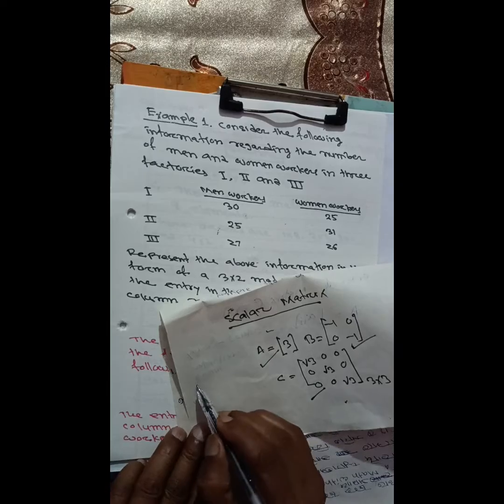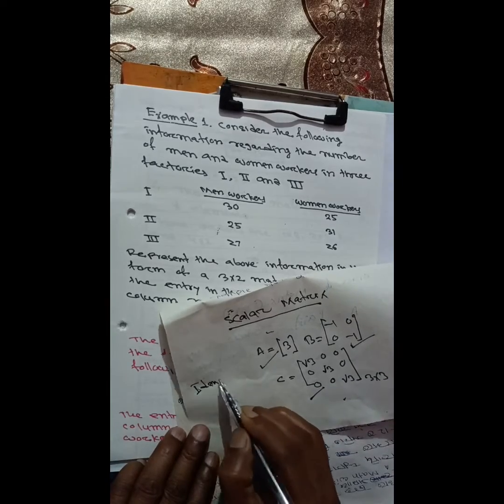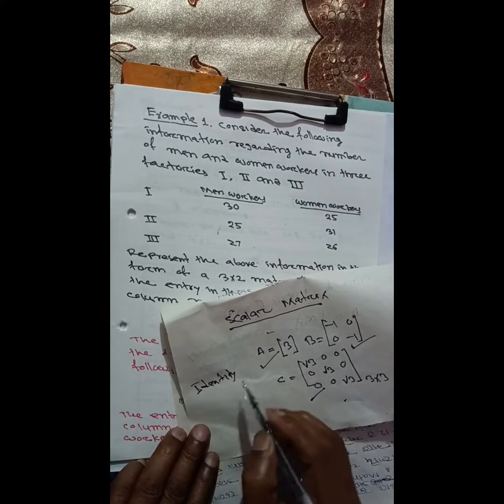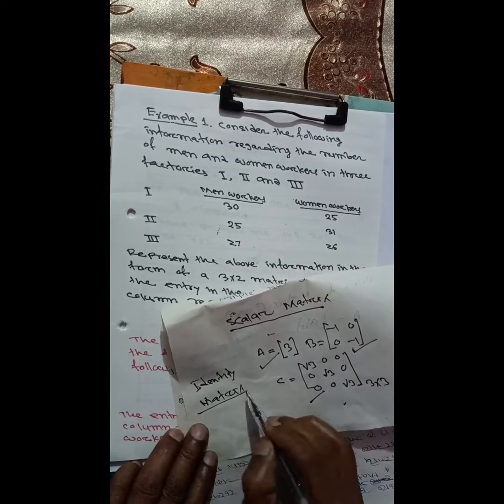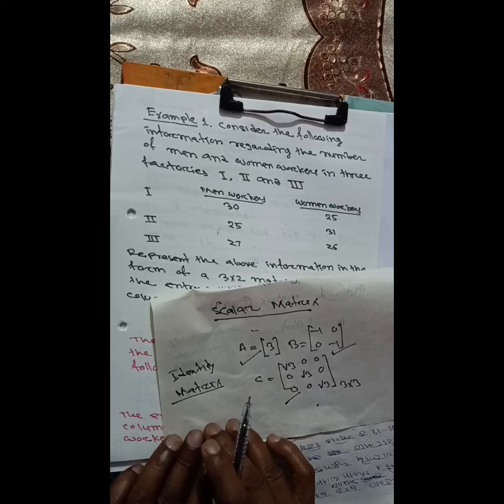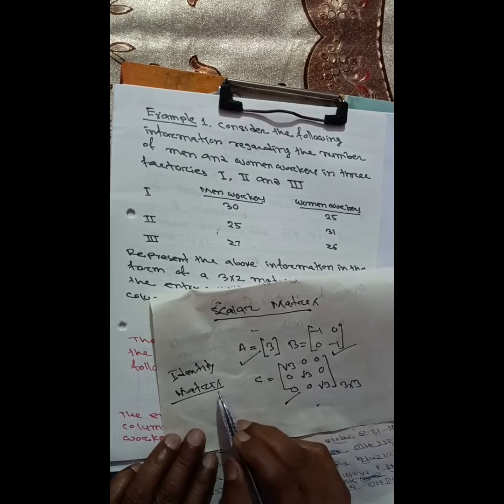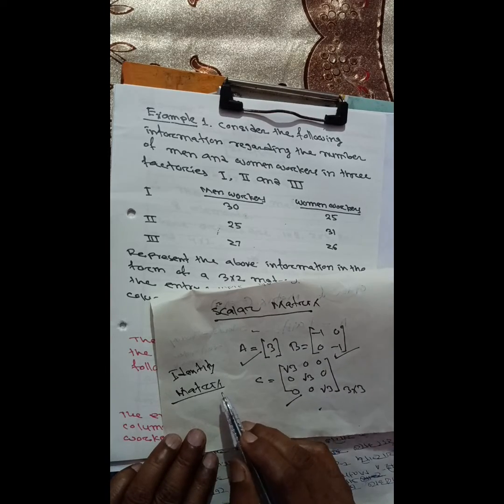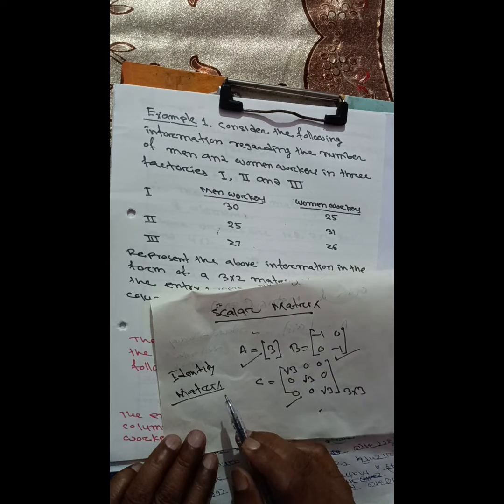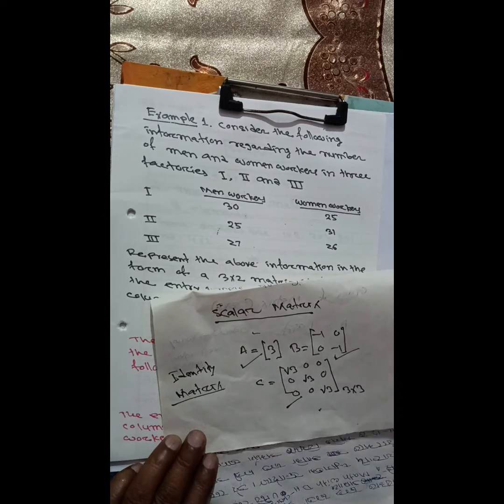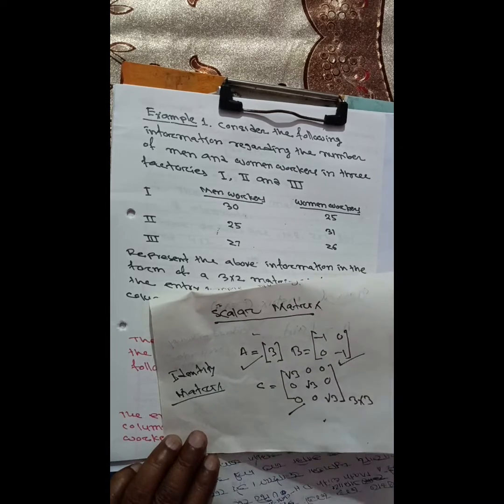Next we are going to discuss the identity matrix, very important. An identity matrix is a square matrix in which the elements in the diagonal are all 1, and the rest are all 0.